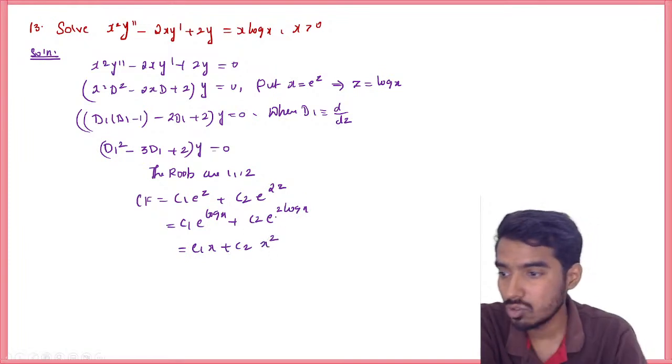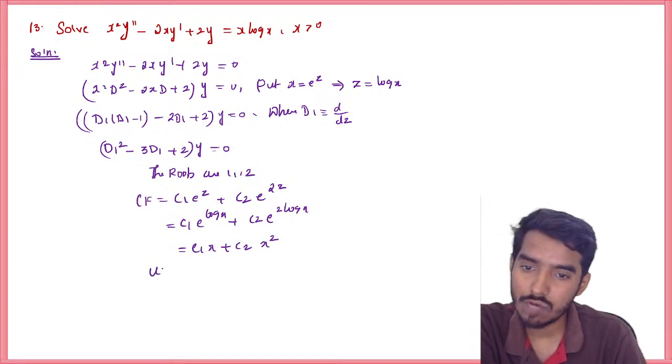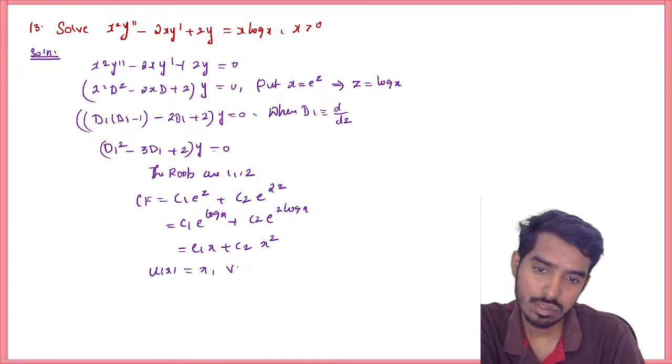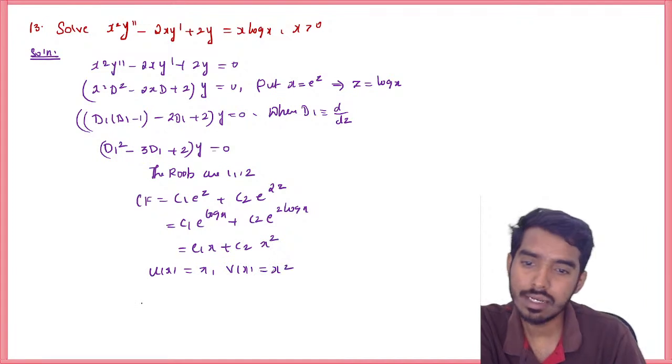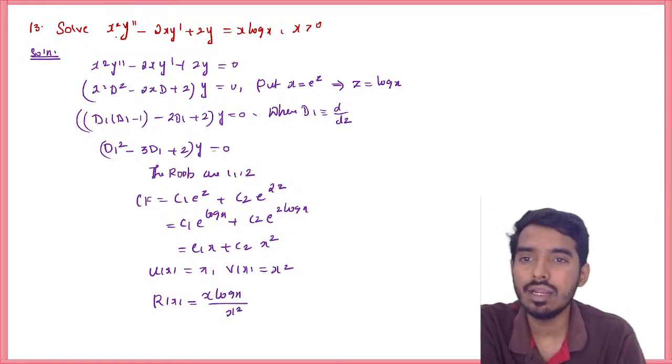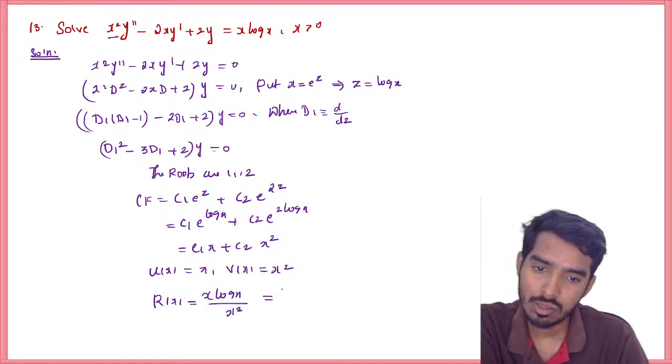Same as c1 x plus c2 x². So we will have u of x equal to x and v of x equal to x². What is your R of x? It is x log x divided by x², so we will have log x by x.